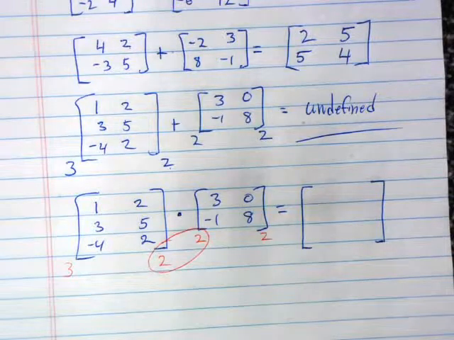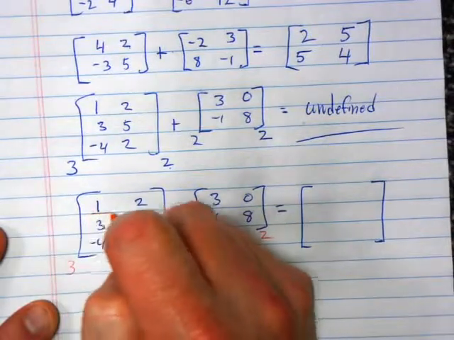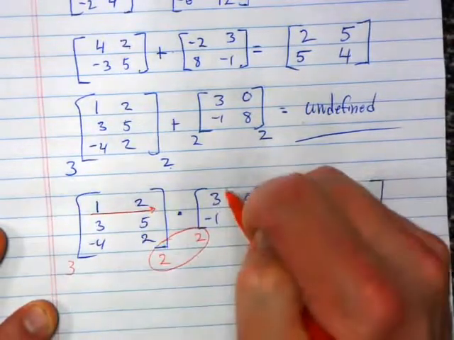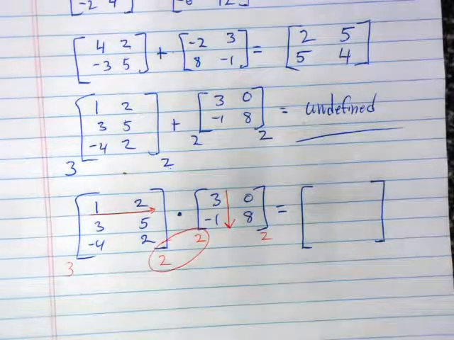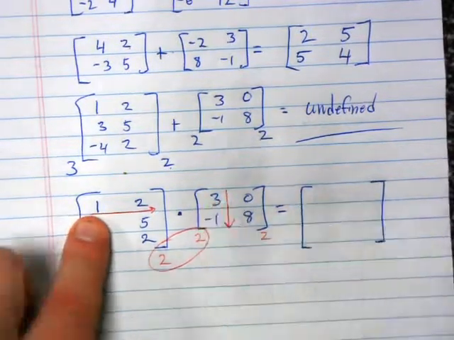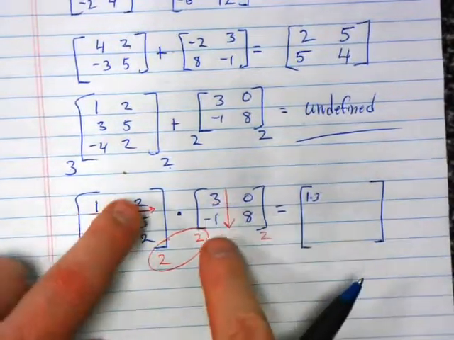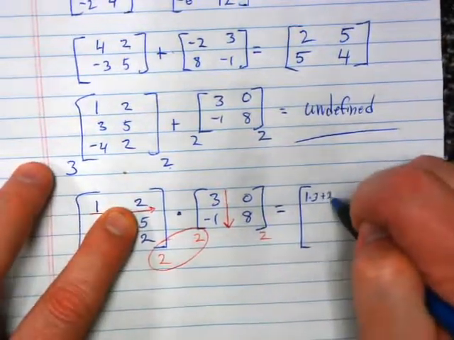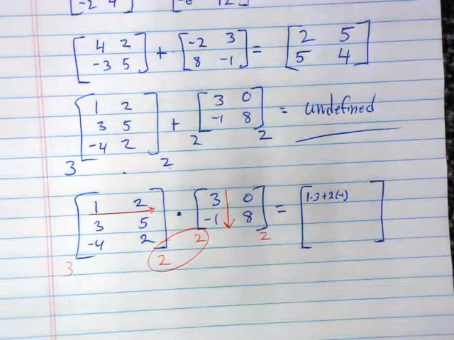And then how does that multiply thing work? Row by column. You multiply row by column. So you go across this row and down the column. So you take 1 times 3, 2 times -1, and you add them together, and that goes in the upper left-hand corner.